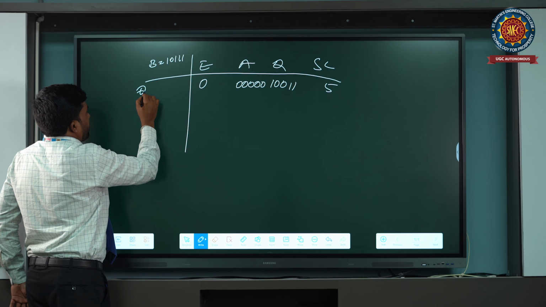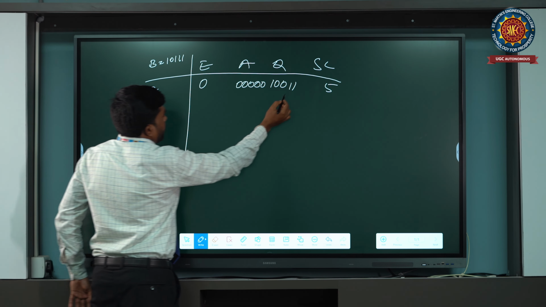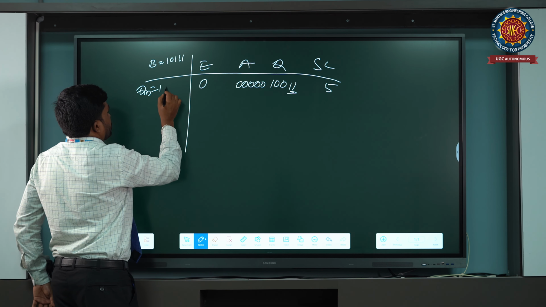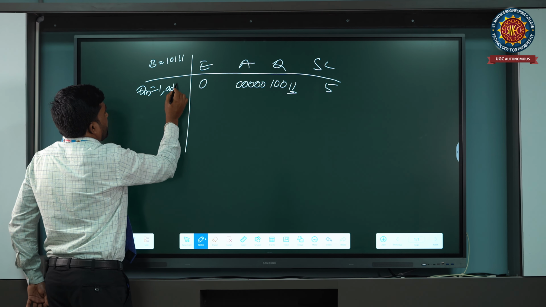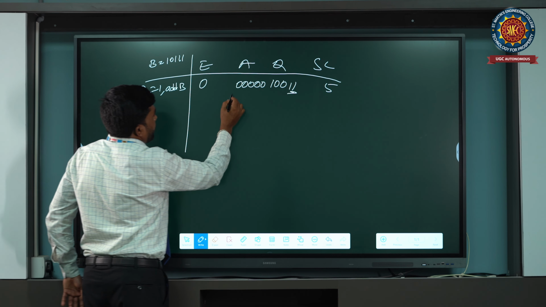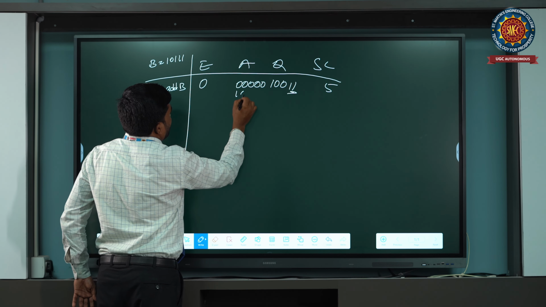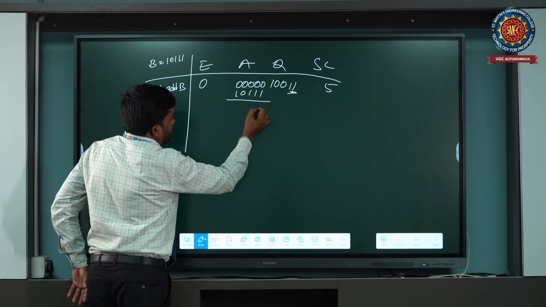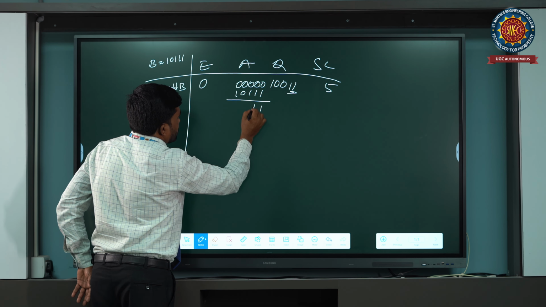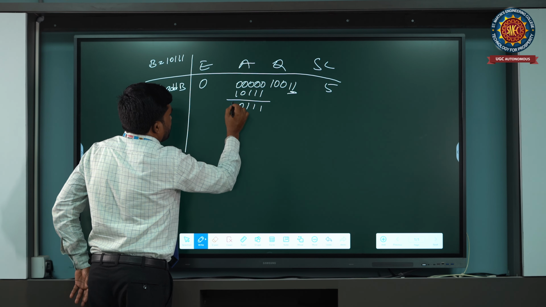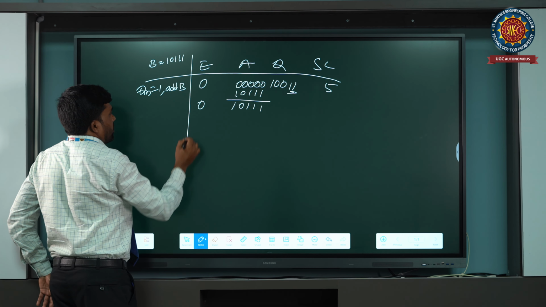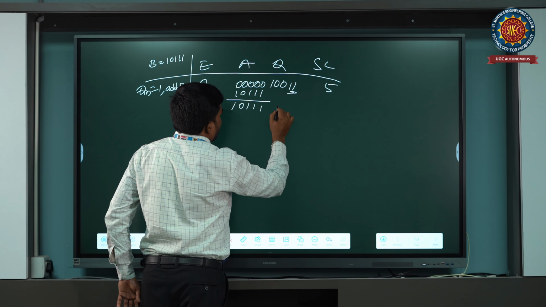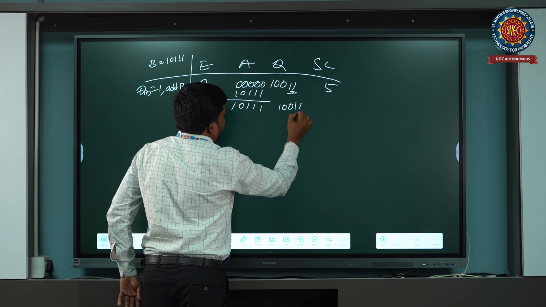Here Qn is equal to 1, so we add B to A. What is B? 1 0 1. So E as well as Q came to here.